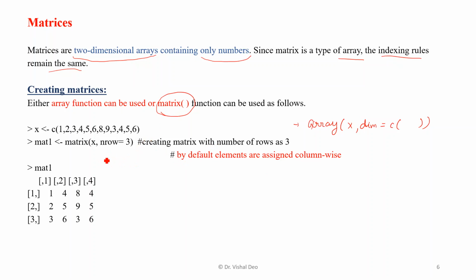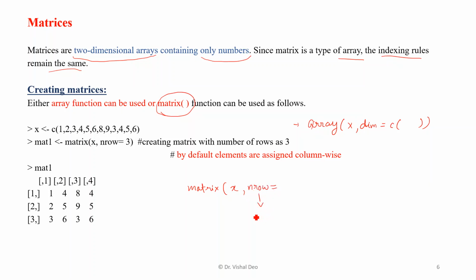Since when we talk about a matrix, we are talking about only 2 dimensions, when we define a matrix, the 2 important arguments we have to pass are: the first one remains the same as that of array, that is the vector of elements which we have to pass to the matrix, and the second one is nrow, that is, number of rows.